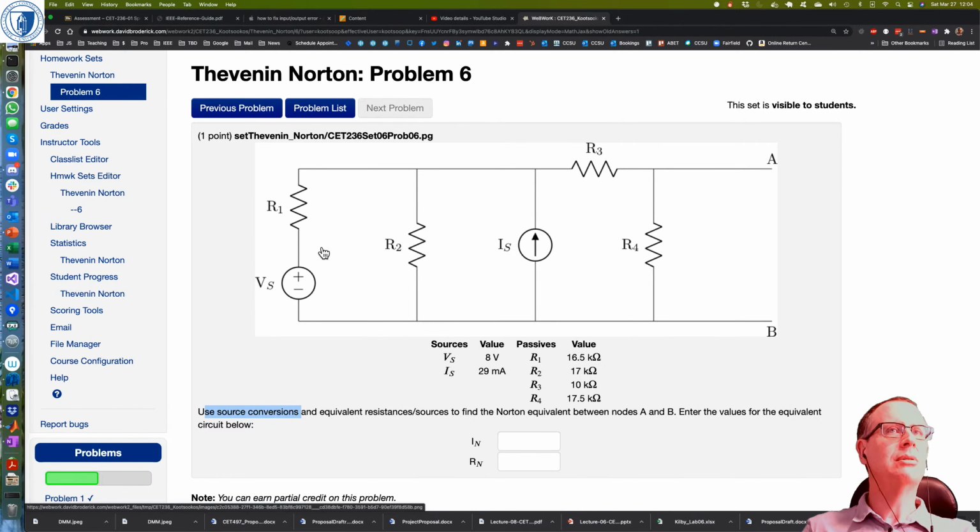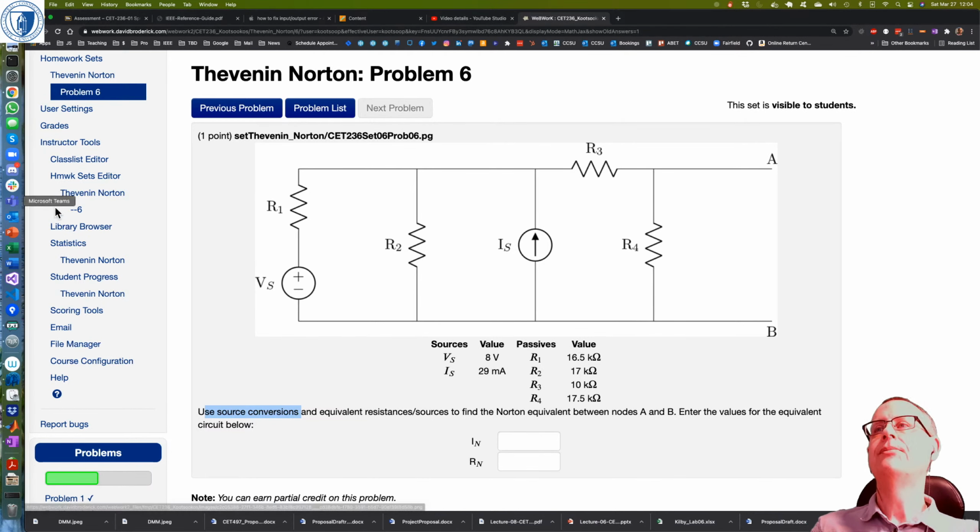R3 and R4 are effectively in series. That's all the source conversion idea is, that you can replace a series voltage source and a series resistance with a current source and a parallel resistance.